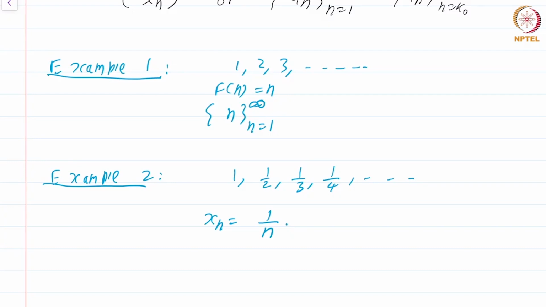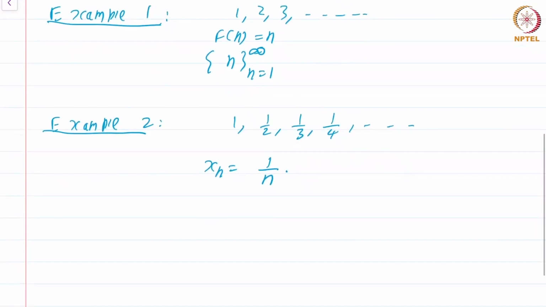Now this sequence is ever decreasing. Not only is it ever decreasing, it seems to be approaching or limiting to the point 0, the number 0. We will make precise what this means soon.